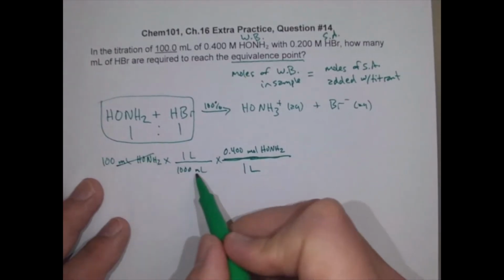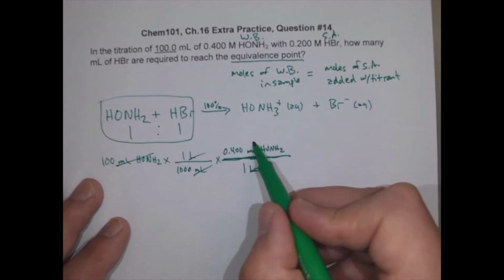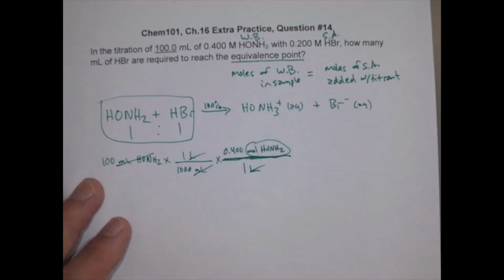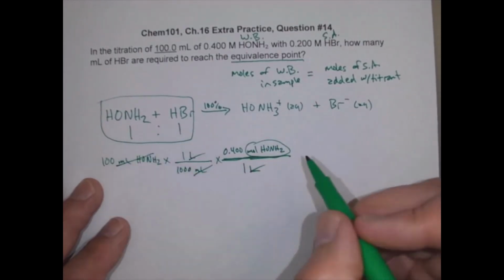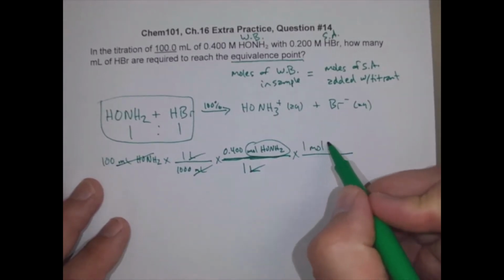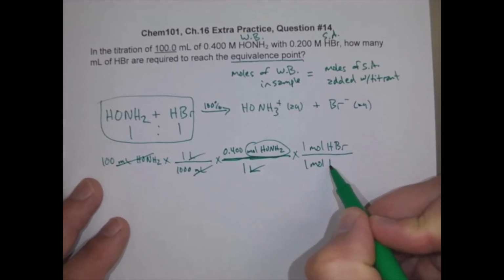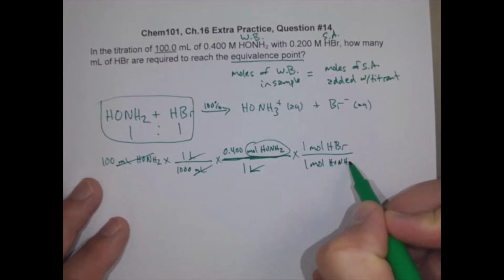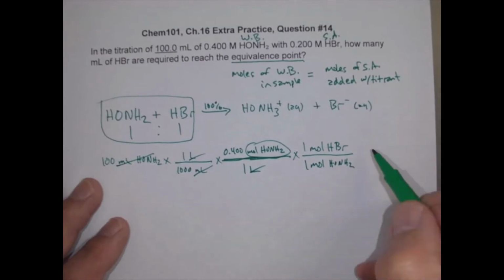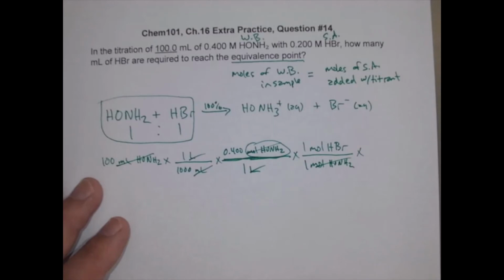So right now, my units of milliliters cancel and liters cancel, so I have units of moles of the weak base. Again, my mole ratio is 1-to-1, so I will need 1 mole of the strong acid for every 1 mole of the weak base that I want to neutralize. Now my moles of weak base cancel, and I have moles of the strong acid.